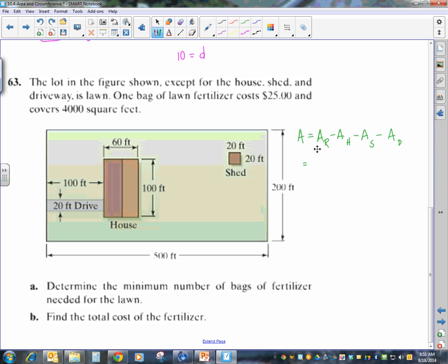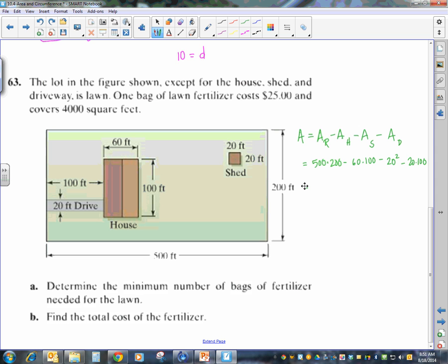So the area of the rectangle is going to be 500 times 200. The area of the house is going to be 60 times 100. The area of the shed is a square, so that's 20 squared. And the area of the driveway is going to be 20 times 100.